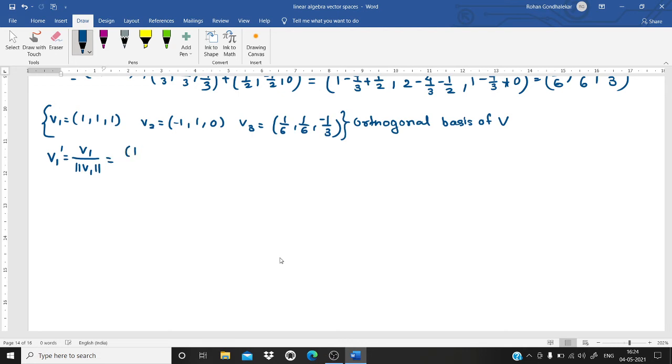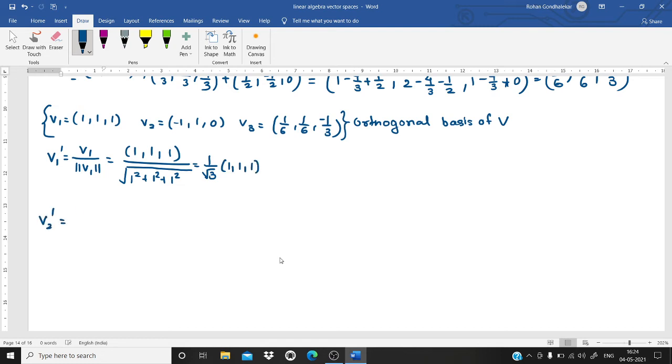So what is v1 here? 1, 1, 1. What is the norm of v1? Previously we had the norm v1 square, so we directly went on taking the sum of squares. Here only the norm is expected, so we take a square root. So square root of 1 square plus 1 square plus 1 square, which gives 1 by root 3 into 1, 1, 1.